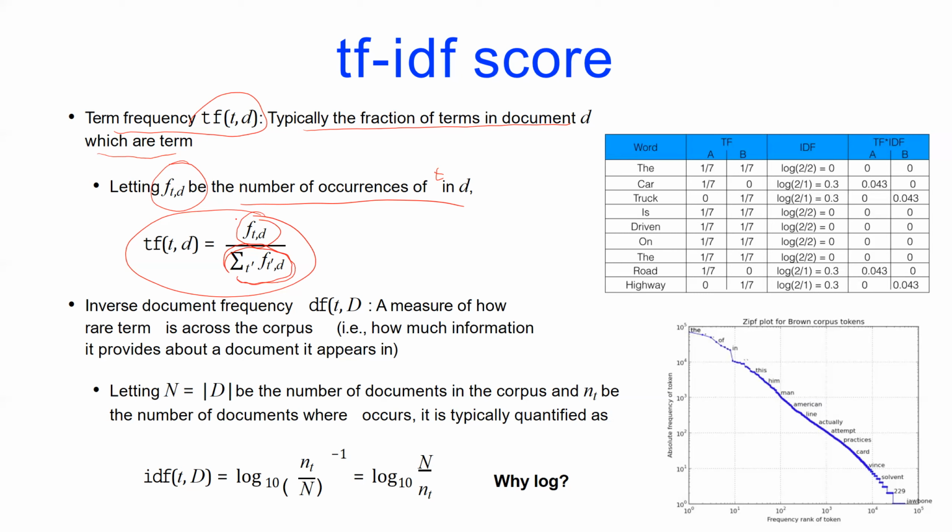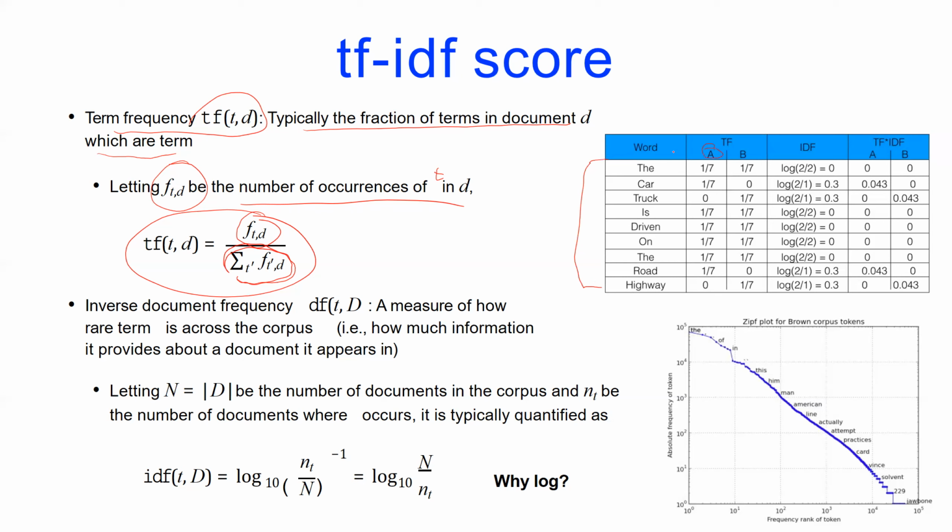So for example, let's look at an example here. Think about this set of words. Sorry, those are the words in your vocabulary, so all the possible words. Now we have two pieces of document.